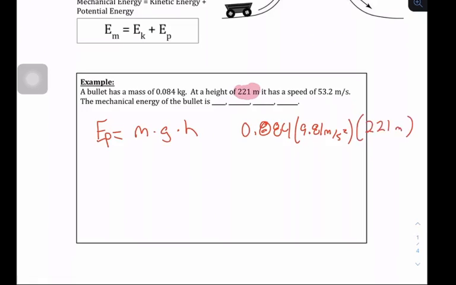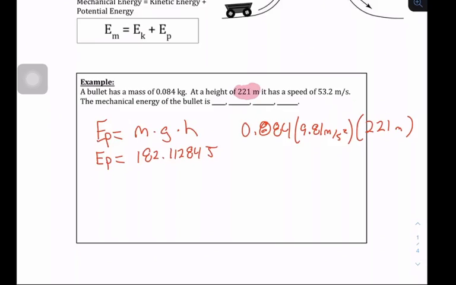When I multiply those together, I get, as a number, 182.11284 joules. We're going to keep all the digits because we have to add it with kinetic energy before we come to a final answer.